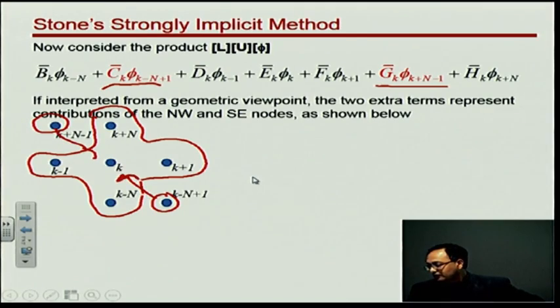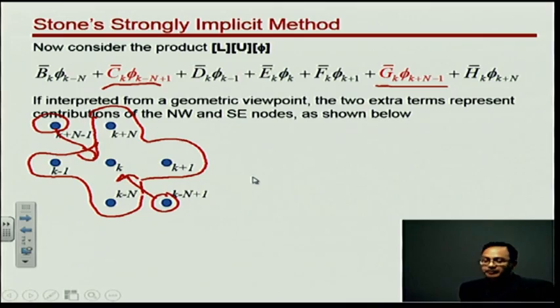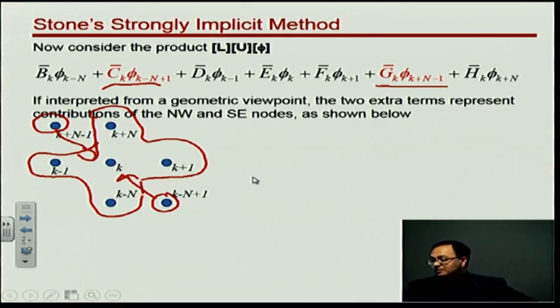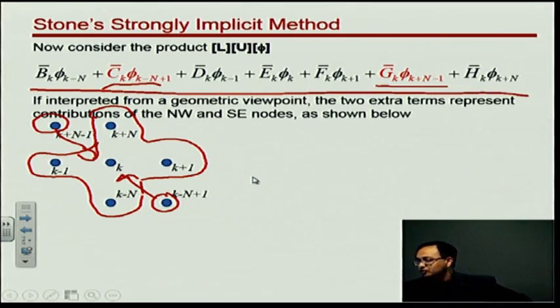That's what has happened. It's almost as if the value of phi at the kth node is now being influenced by not 4 neighbors, but 6 neighbors. That's basically the physical interpretation, or you can call it the geometric interpretation, of that equation.